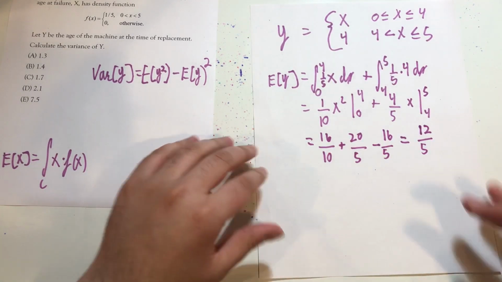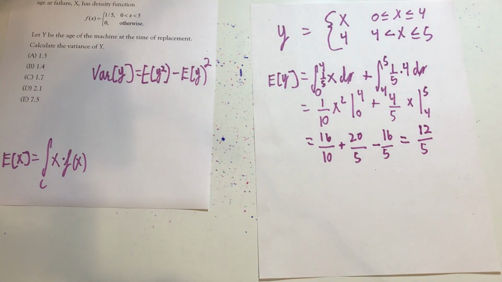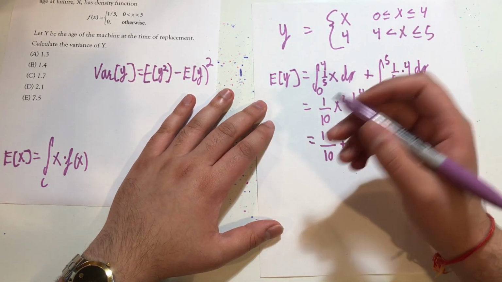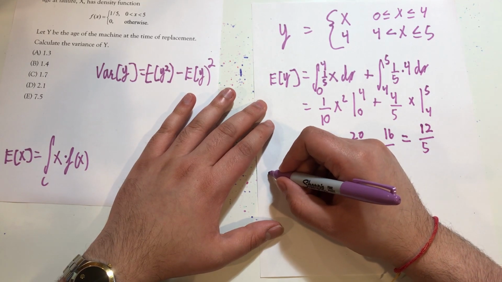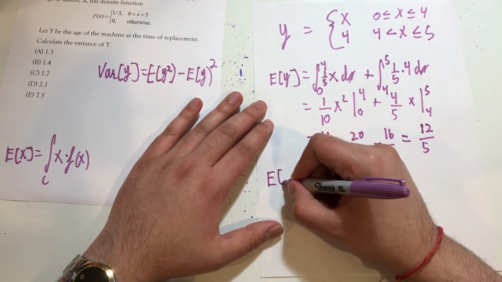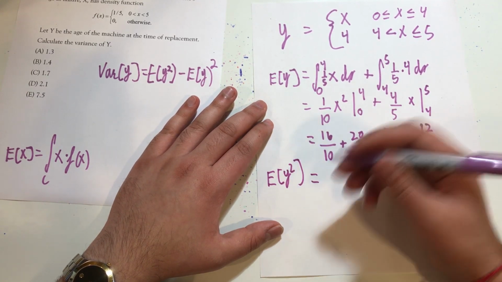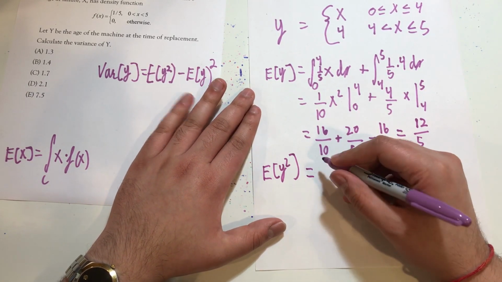Similarly, we can get the second moment, y squared. Well, actually, it would just be called the second moment, not the expected value of the second moment. You should get my meaning.